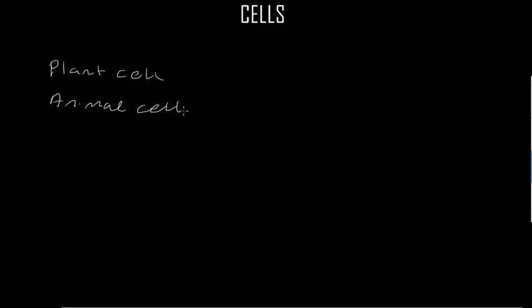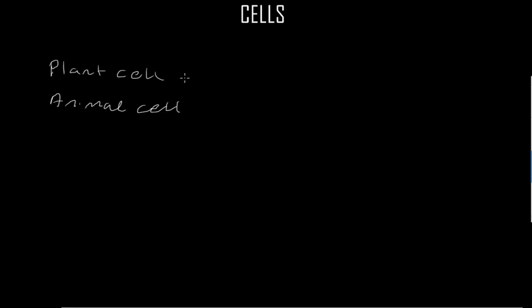These cells vary in shape, they vary in size, and the organelles, the things that are found in the cells, also vary, just so as to adapt to the type of work that they do.